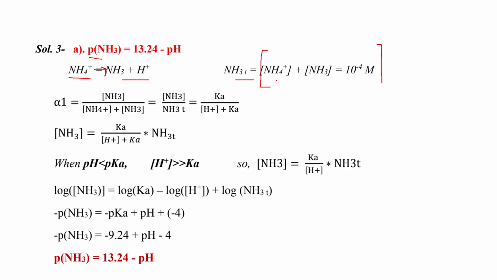So NH4 ammonium ion plus ammonia is equal to 10 raised to the power minus 4 molar. This is given. What is alpha 1? Alpha 1 is NH3 divided by the total. And how can we get NH3? By simplifying it in terms of Ka and H plus. So NH3 is equal to this.